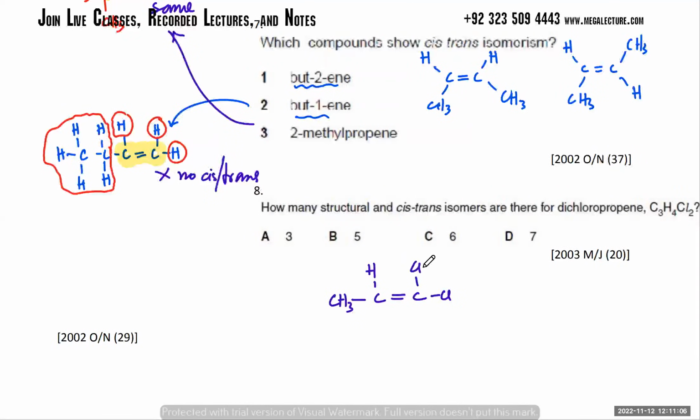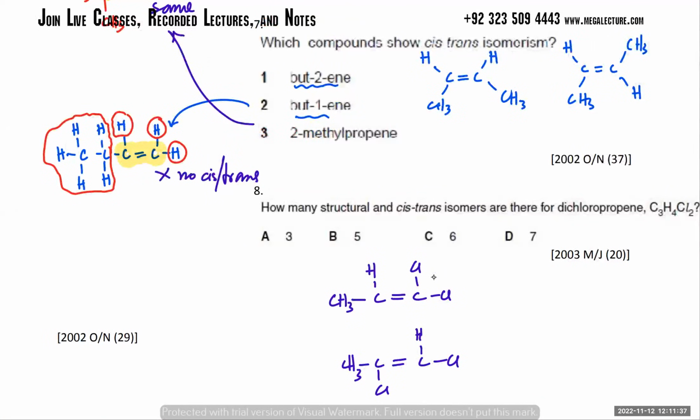So I'm going to change the position of the Cls. Let's say I've got two Cls, but now one of them is over here and one of them is on this other carbon atom. This is three H's and there's just one H, which I'll show clearly. So this one will have one H.